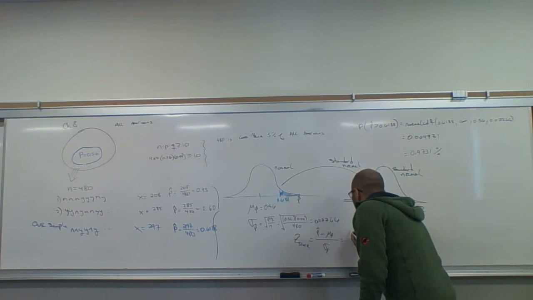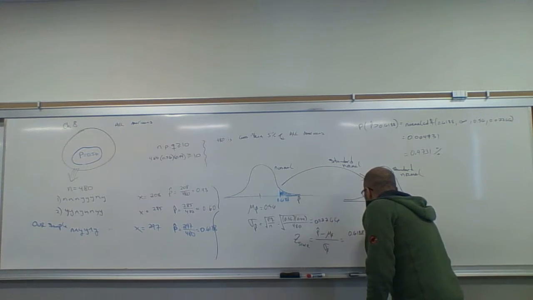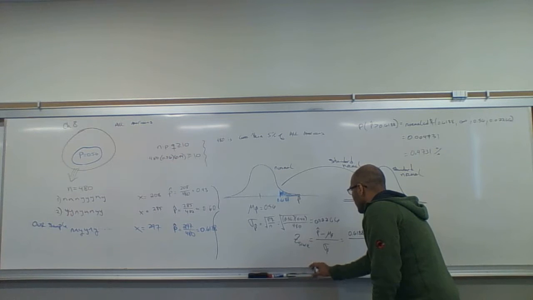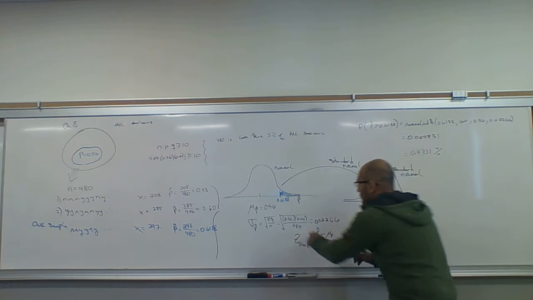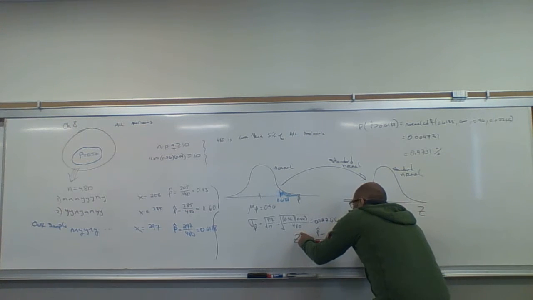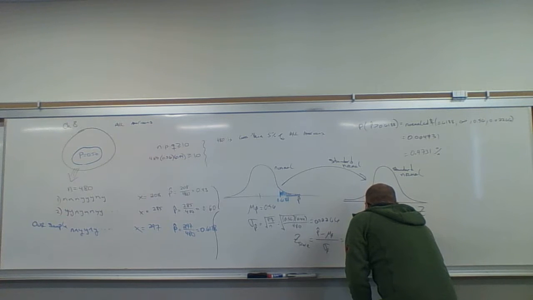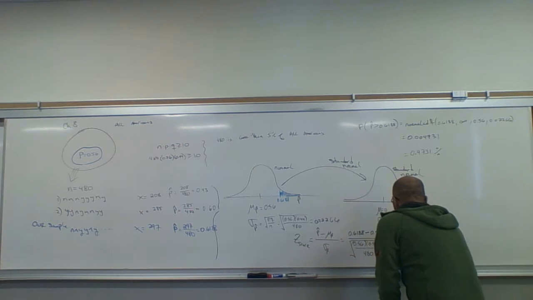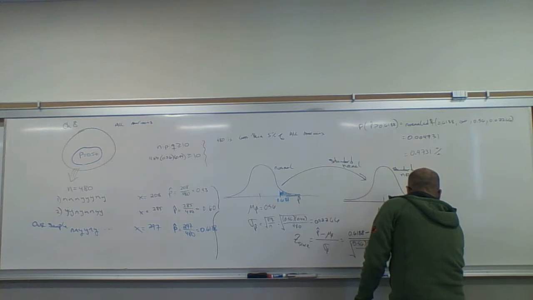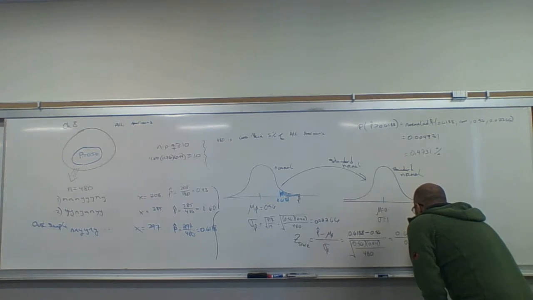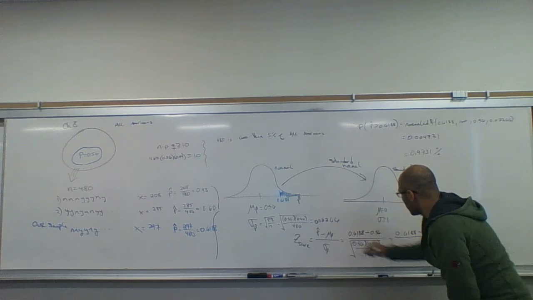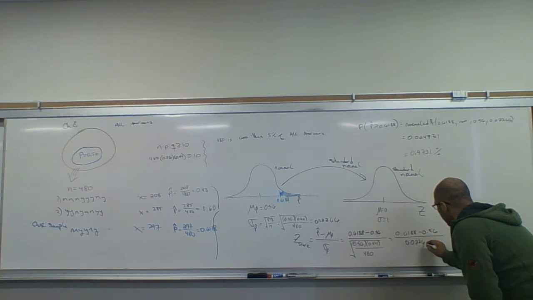For our case, it'll be 0.6188 minus 0.56 divided by this thing here. I'm going to write this whole thing out for a second so we can see the formula: 0.56 times 0.44 all over 480, square root of that whole thing. We know that thing is really equal to 0.02266.